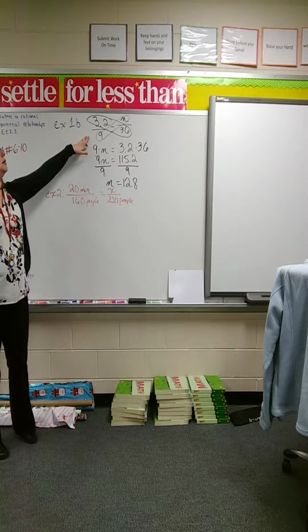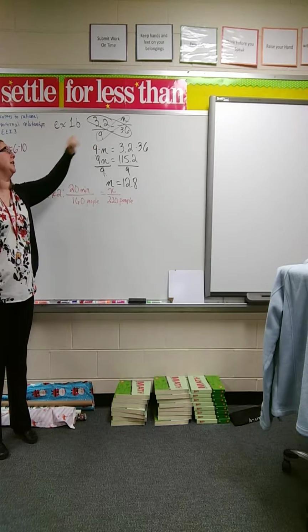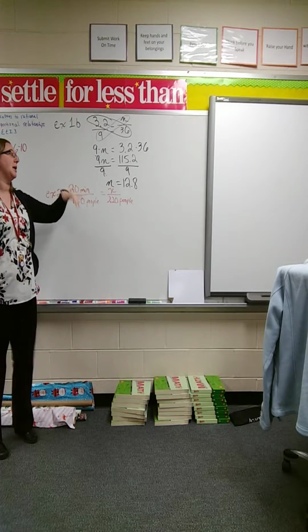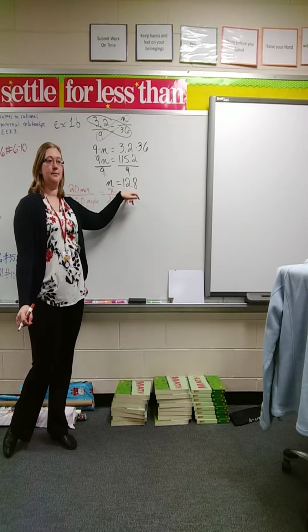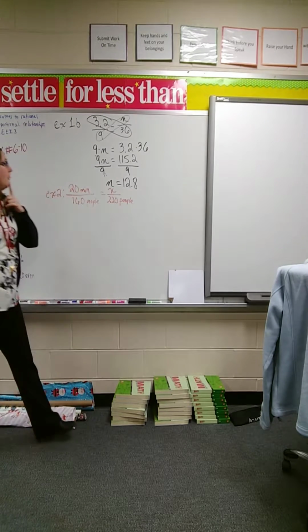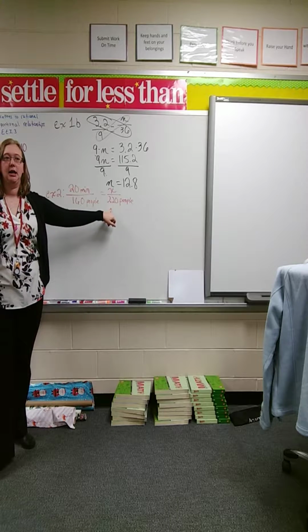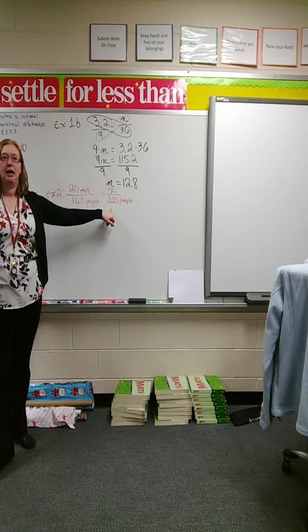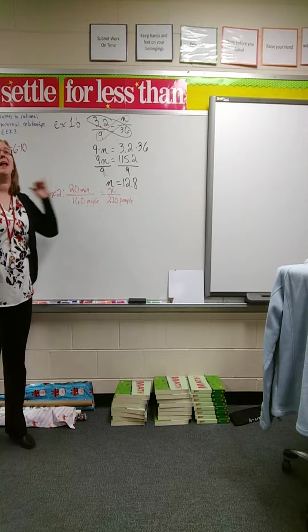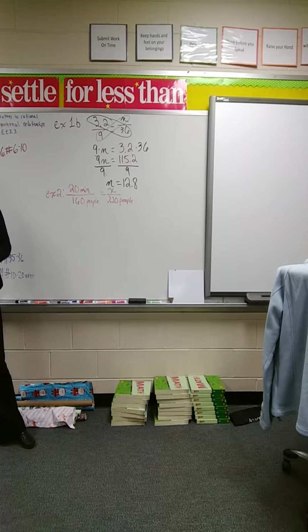Now, here, we know that 9 times 4 equals 36, and we can multiply 3.2 times 4 to get 12.8, correct? Okay. What can I multiply 160 by to get 220? You can't. So we have to use a proportion to solve. Okay? Does that make sense?